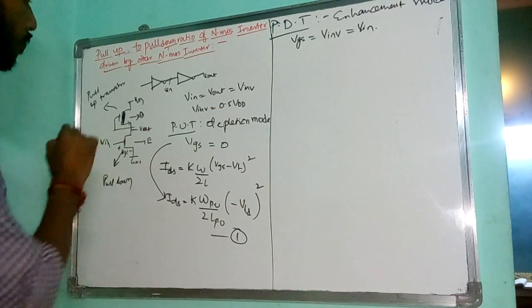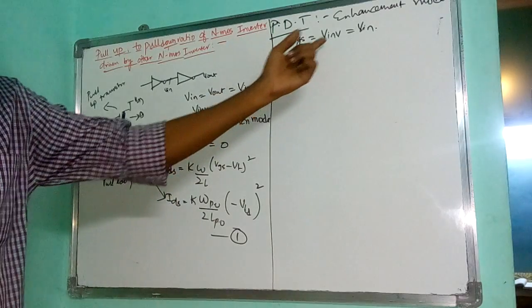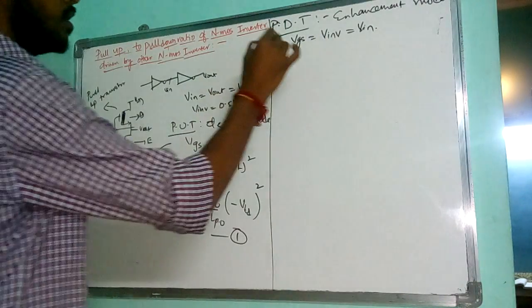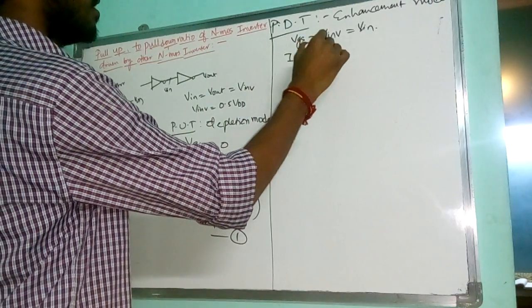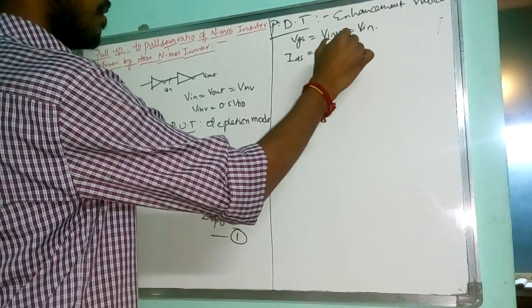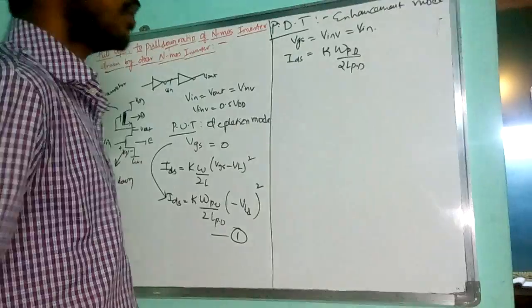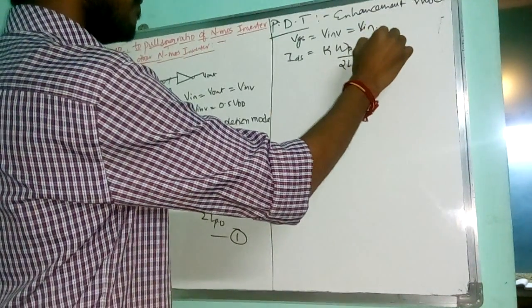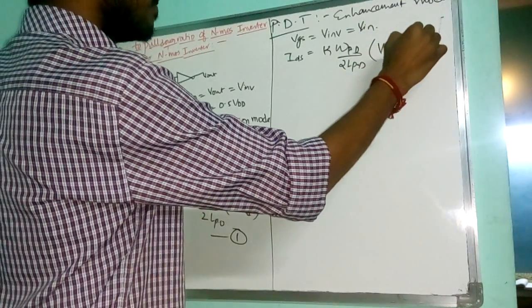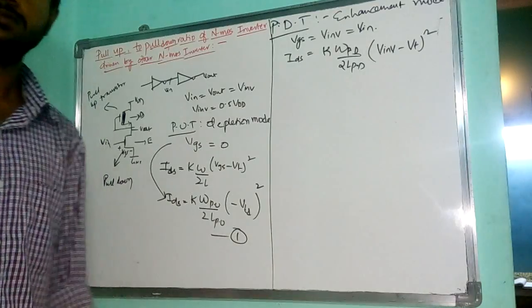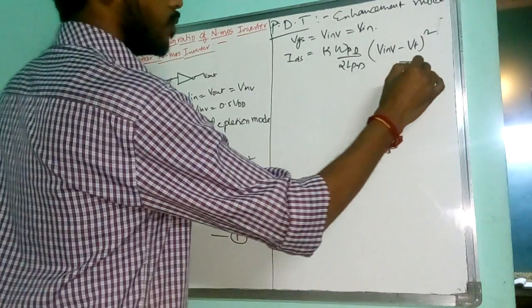This is my gate source voltage now. My current equation for this will be K into W pull down by 2L pull down, into V inverse minus VT whole square. Now this is 2.